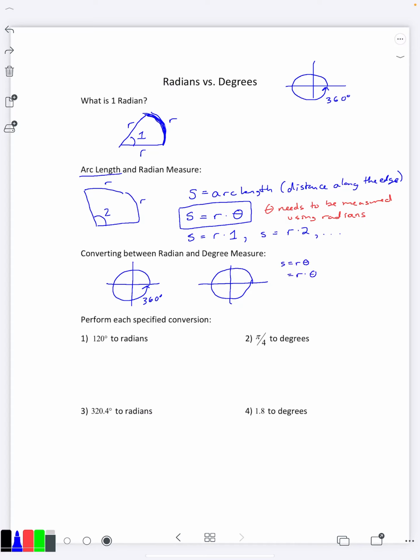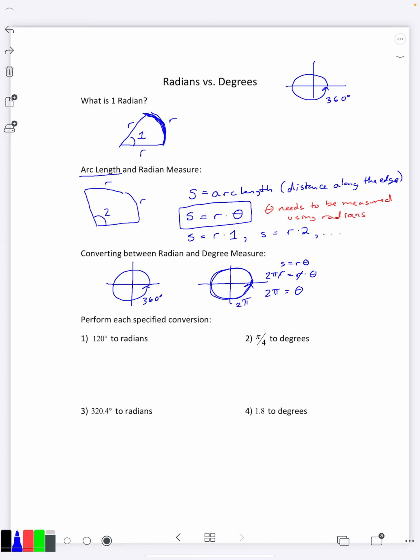So we're trying to figure out what theta is going to be for one full circle. Well, the arc length is how much you had to travel to go around the outside. And if you travel around the whole outside of a circle, we know from the circumference formula that is 2 pi r. And then the r's cancel. It tells us that the radian angle for one whole circle is 2 pi.